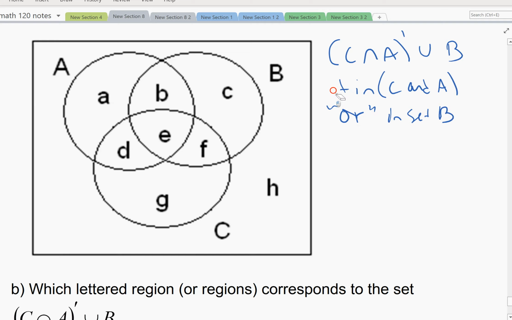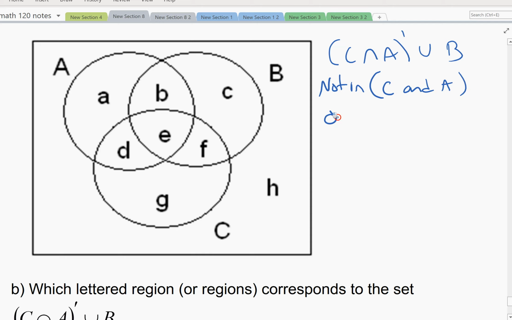I'll try to write it a little neater. So first it's not in the group C and A, or it can be in the group B.